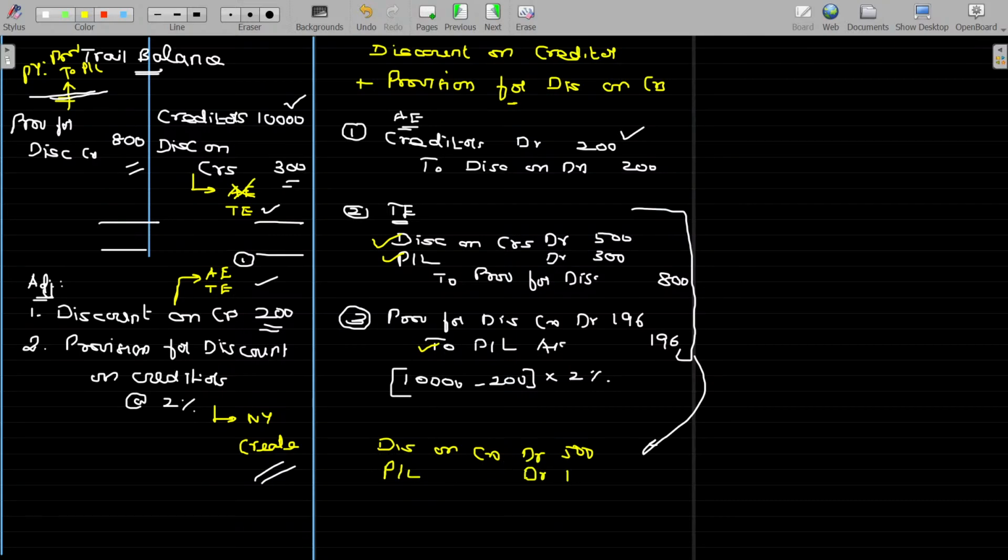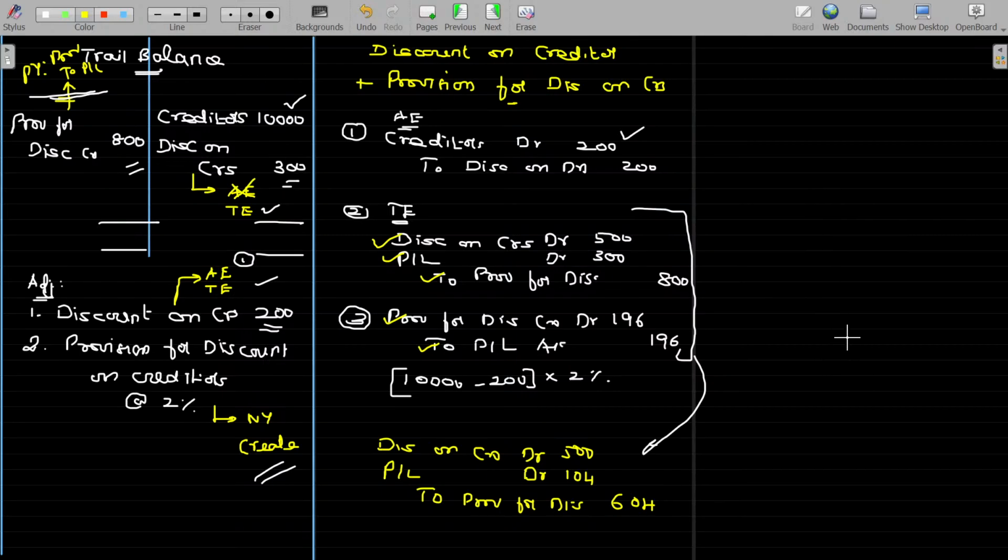P&L account debit side 104. Am I right? Provision for discount on creditors 800 credit, 196 debit leads to provision for discount on creditors in the credit side being 604. This way also you can pass.